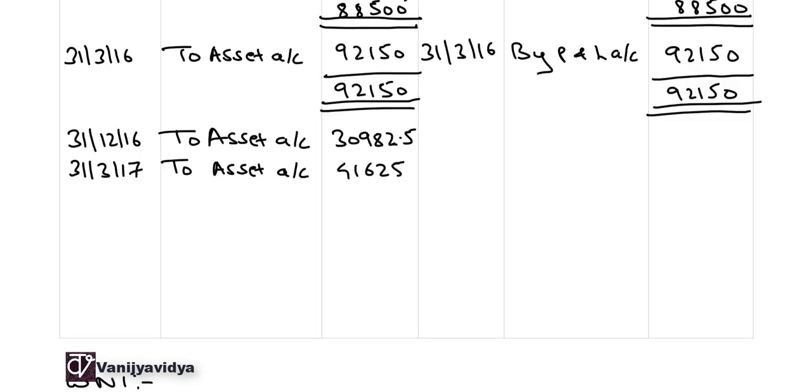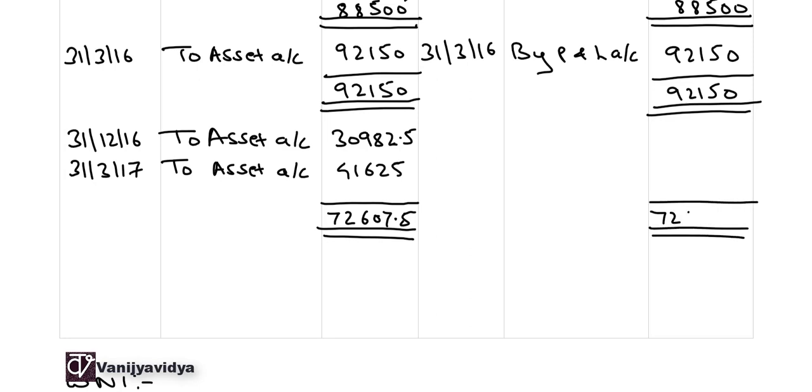Now let us close this depreciation account also. Total 72,607.5. And on 31st March 2017, by profit and loss account, 72,607.5.